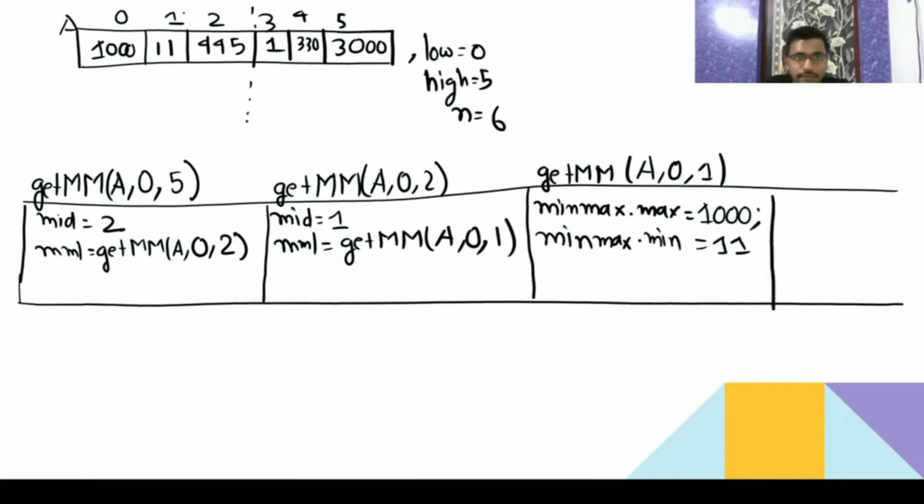So first we divided this, then divided again. Now we have found that this is the minimum and this is the maximum, and it will return here. So mml min is 11 and maximum is 1000.